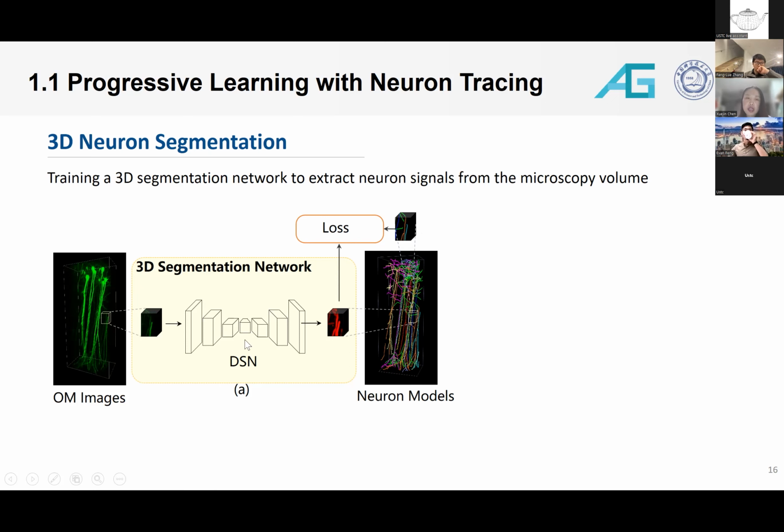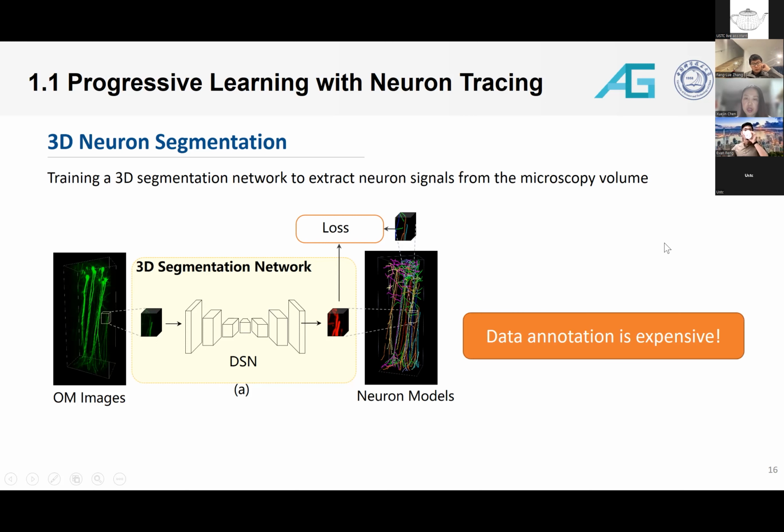Due to the super high resolution of the images, it requires a lot of manual effort to generate the segmentation labels for training the network.